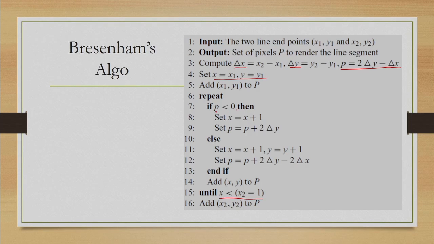Now, if p less than 0, we set that difference to be 0 and then update p as p plus twice delta y. If p is greater than equal to 0, then we update p as given in this expression.